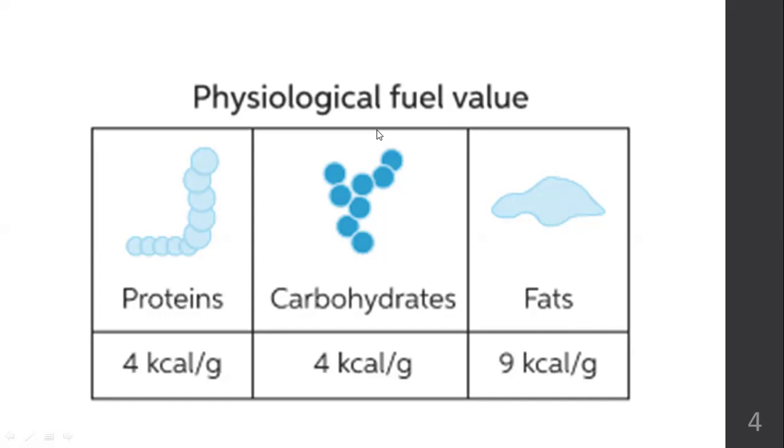Coming to the physiological fuel value, in detail they have given about the bomb calorimeter and Benedict's oxycalorimeter. No need of learning all those things in detail. That is too scientific in nature and not required. Physiological fuel value of food is where we know how many calories 1 gram of protein, carbohydrates, and fats will give you.